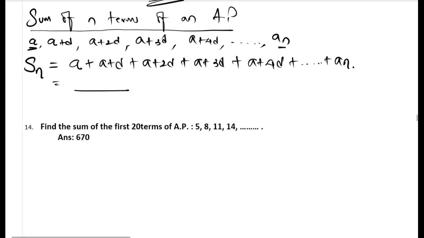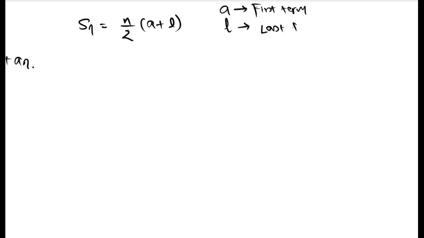But in AP, we have a simple formula for finding sum of n terms. I'll show you two versions of that formula. You have to remember this formula. The formula says sum of n terms is equal to n by 2 bracket a plus l. Here a is the first term and l is the last term.